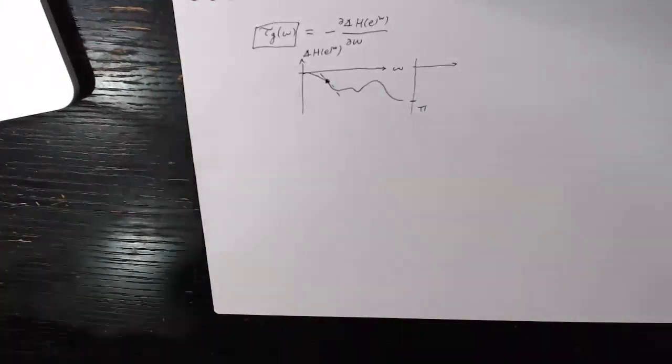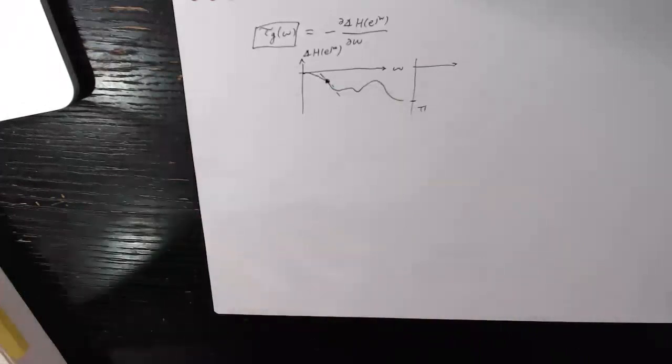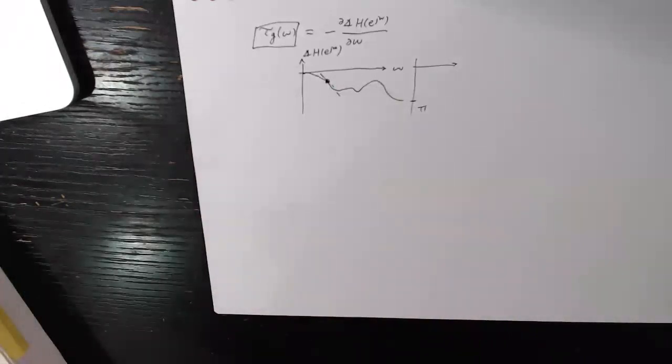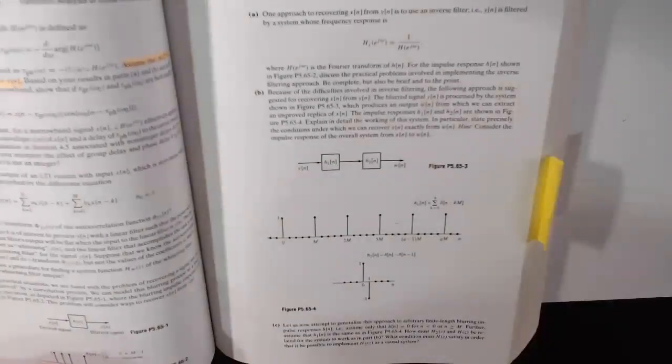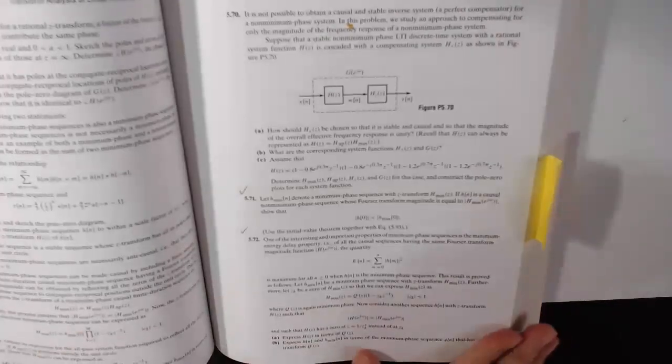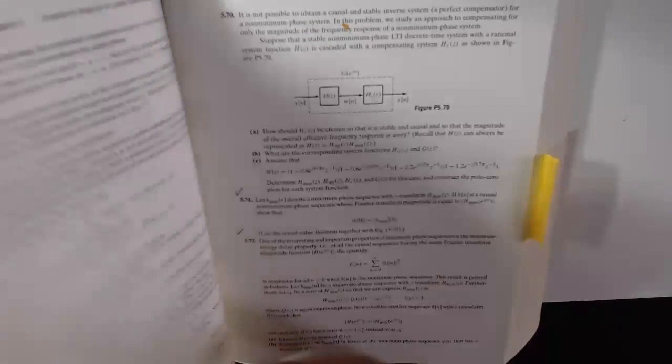let me first point you to an exercise in the textbook. There is an exercise in this chapter 5 that deals explicitly with a particular example of group delay.